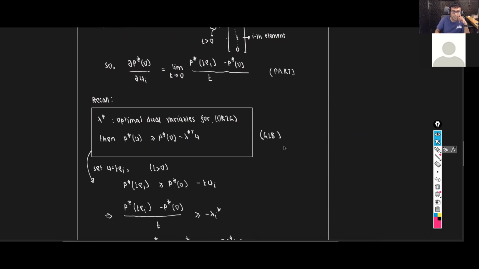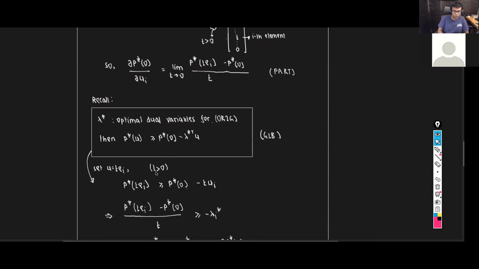And we are going to see how this equation can be manipulated using this inequality. In this, we are going to set u equal to t e_i. That is, we are only changing the ith inequality. We are perturbing that by amount t. Every other constraint stays the same.